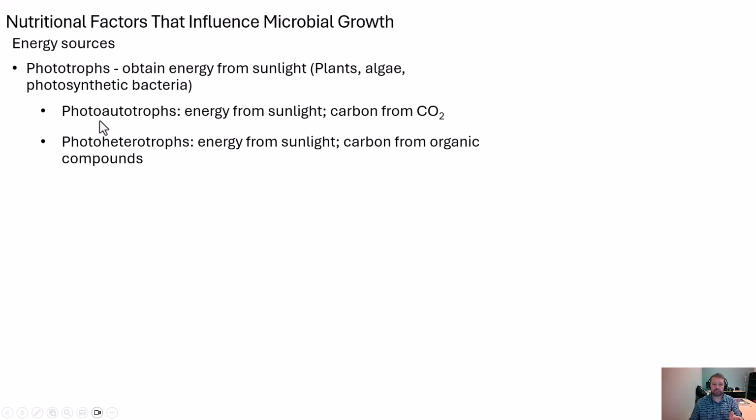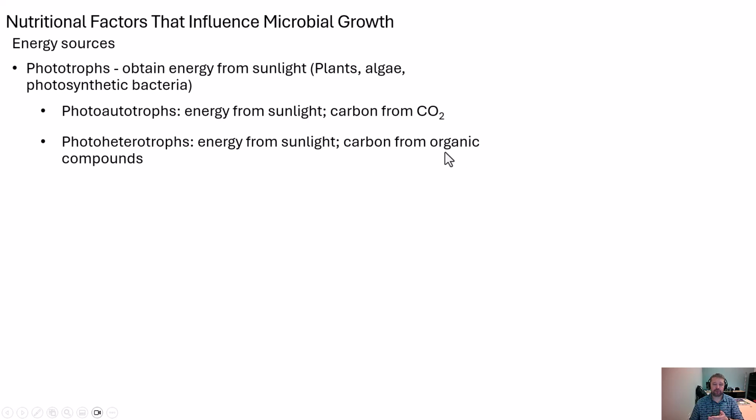So photoautotrophs are organisms that are using energy, photons, and some outside carbon source that was not created by a living organism. So something like carbon dioxide. Okay? Photoheterotrophs might use the energy from the sun, but they're also using carbon from organic compounds. Okay?